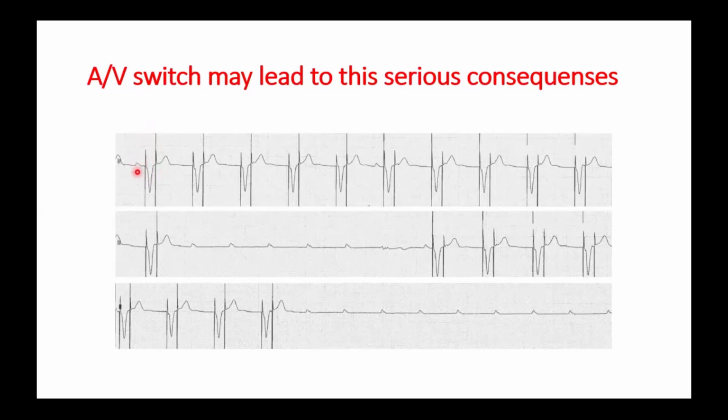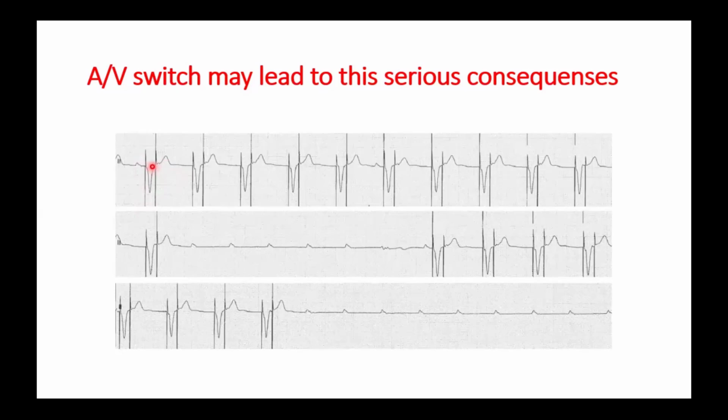There is no impulse that has reached the atrial lead, which is actually the ventricular lead. So the ventricular lead is in the atrial port. So it did not sense the atrium, so it paces, and when it paces, it gives the ventricular QRS complex. And then there is no conduction, no retrograde conduction here.